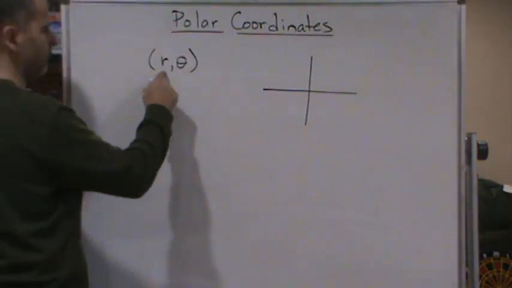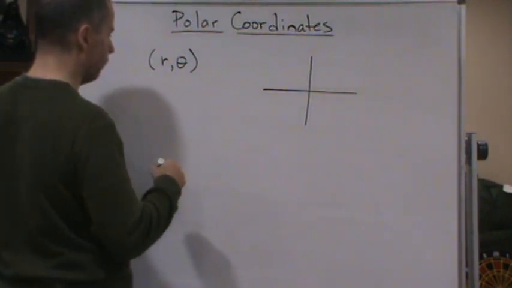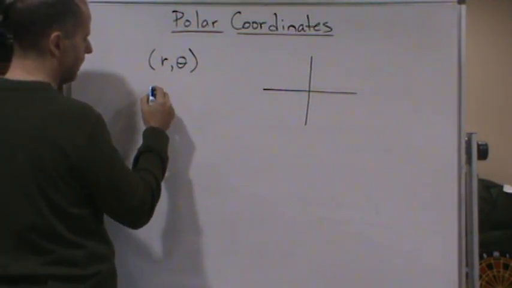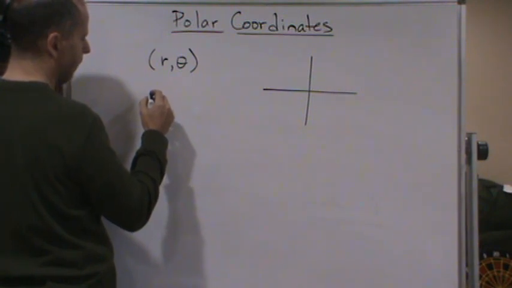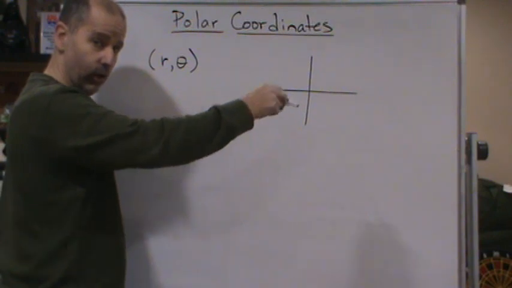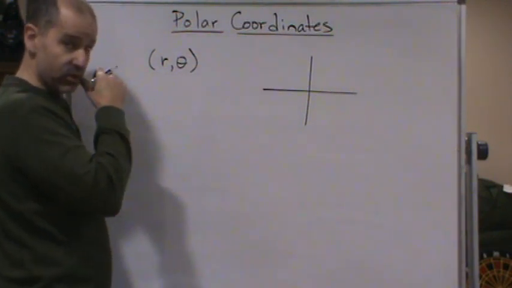If we start with a point r comma theta, as we saw in the last example, if I go one revolution around the circle, I get back on the same point, which is coterminal.